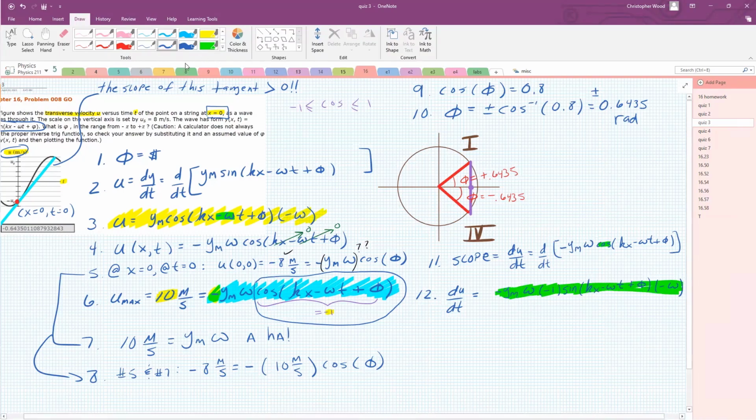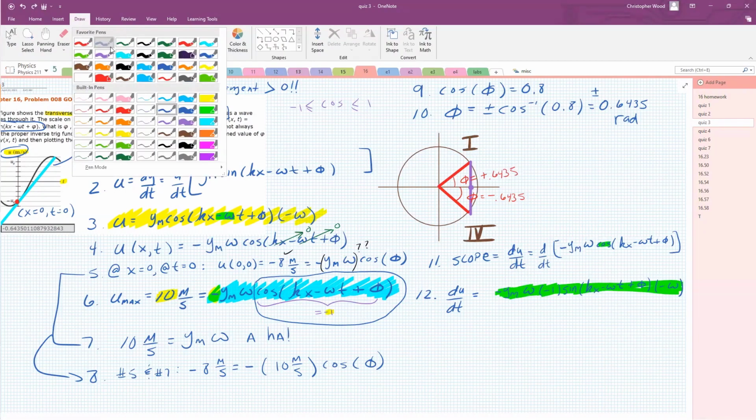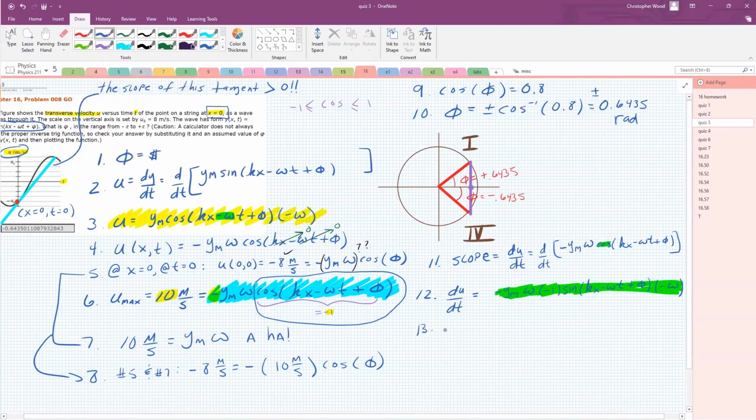So if I simplify that, number 13, simplifying, number 13 says the slope equals negative times a negative times a negative. So I have 3 negatives.